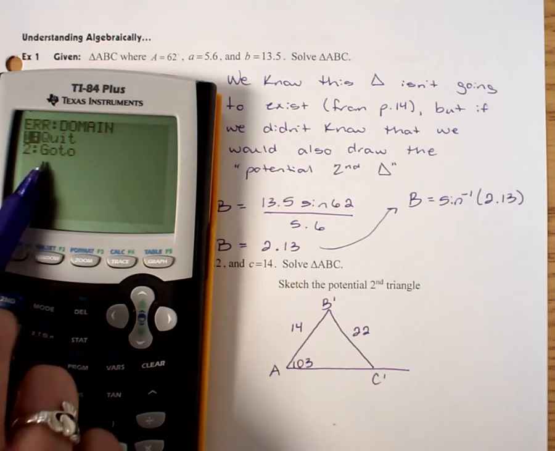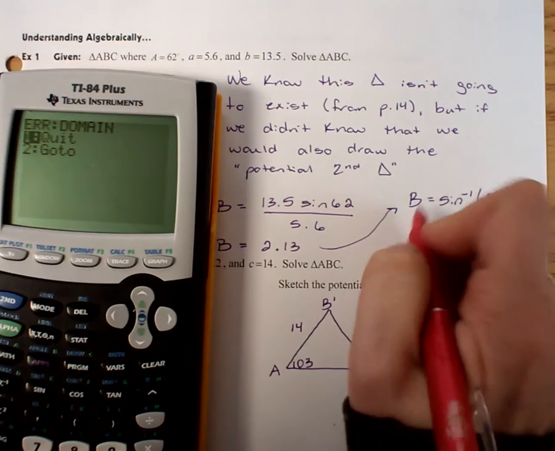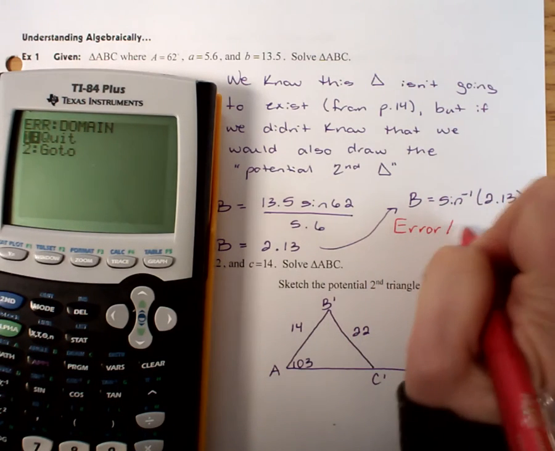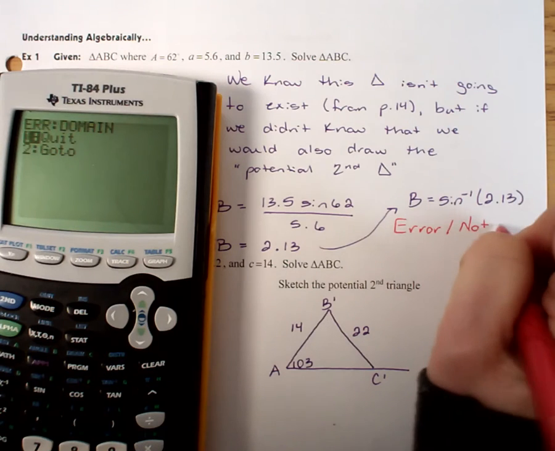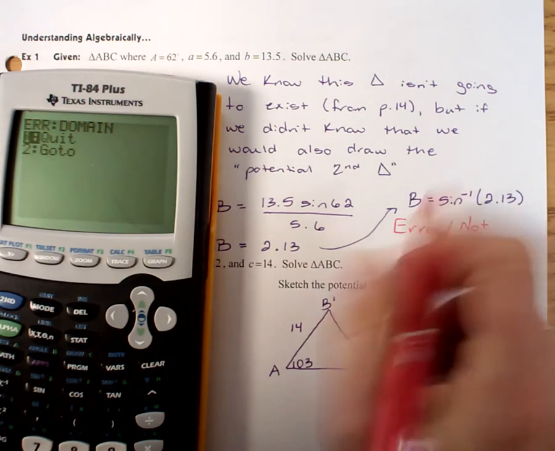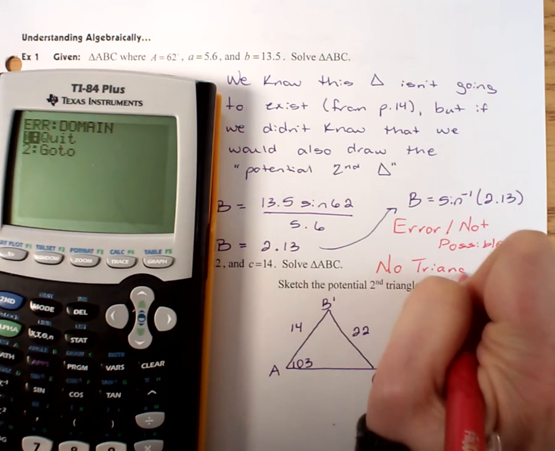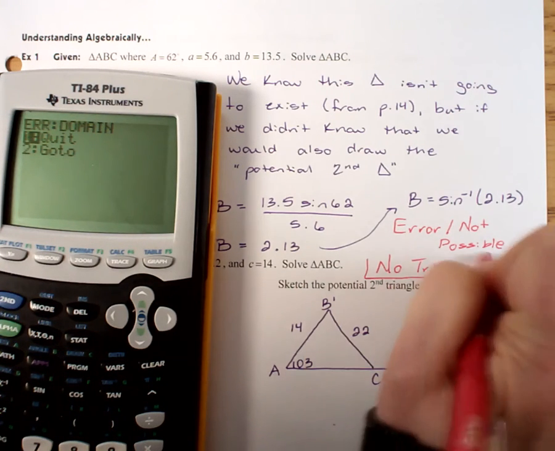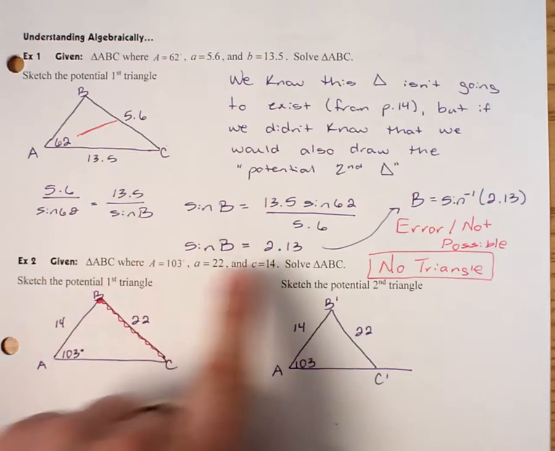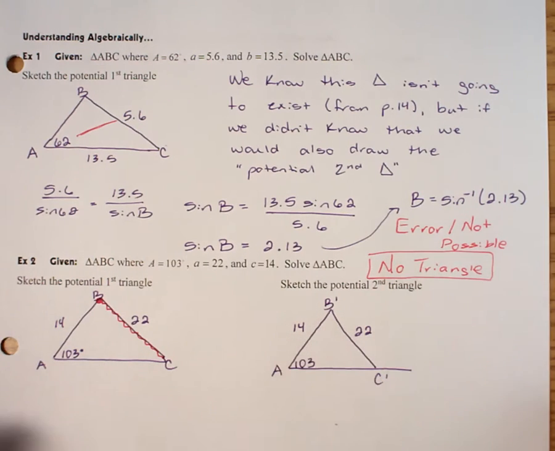Sure enough, you get a domain error message. Because we get this error, where it says not possible, in whatever various ways it might yell at you, our conclusion is no triangle. That's all you would need to do: show mathematically that you get something that's not possible, and then write your conclusion.